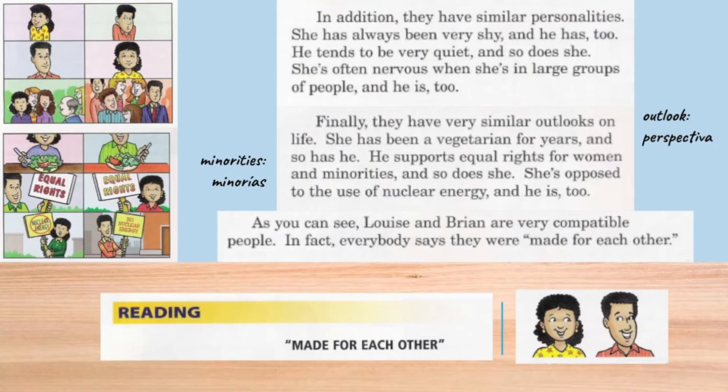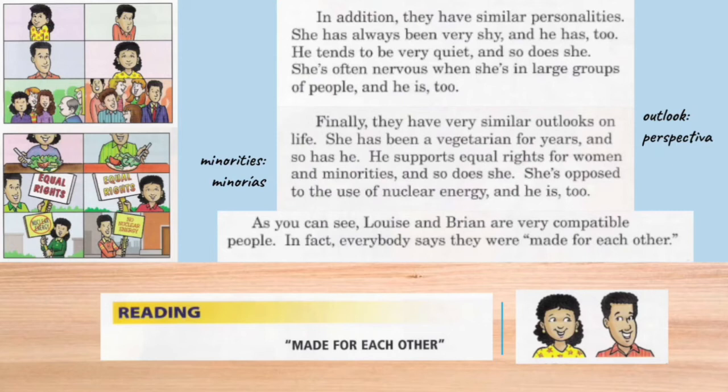In addition, they have similar personalities. She has always been very shy, and he has too. He tends to be very quiet, and so does she. She's often nervous when she's in large groups of people, and he is too.